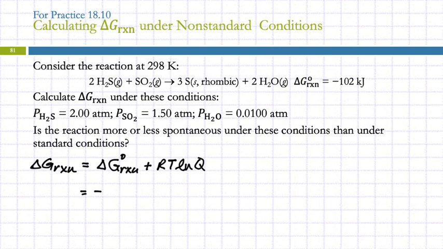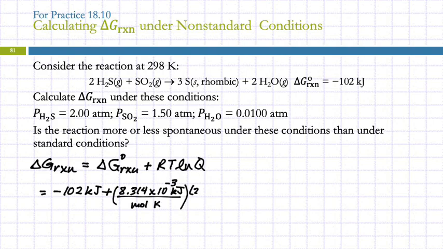So I would say negative 102 kilojoules plus 8.314, I'm going to convert this to kilojoules, kilojoules per mole Kelvin times the temperature, times the natural log of Q.